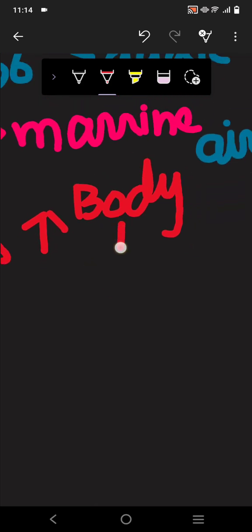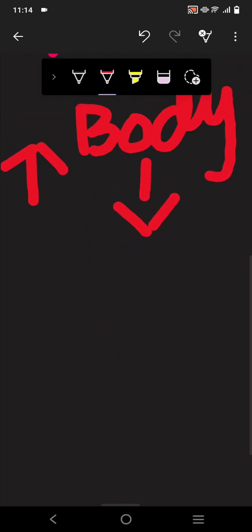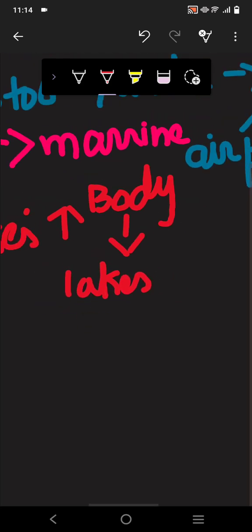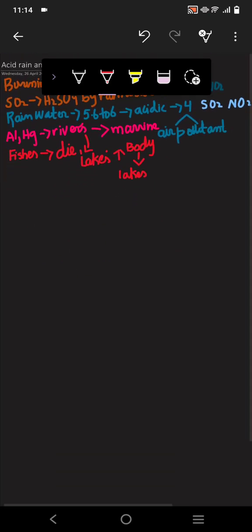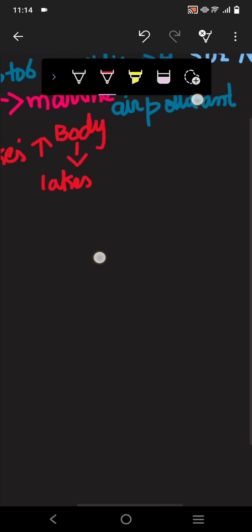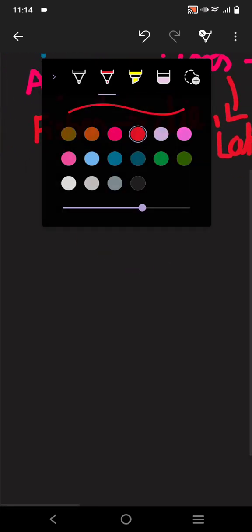A high concentration of these metals will harm our body. So this was the first effect of acid rain.